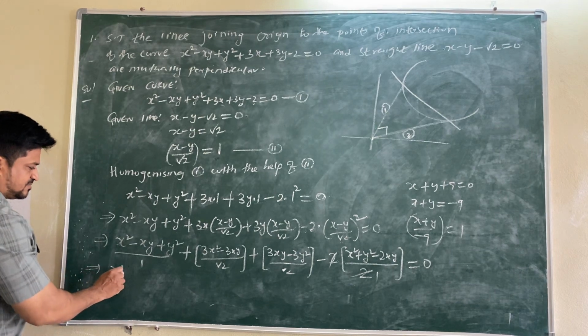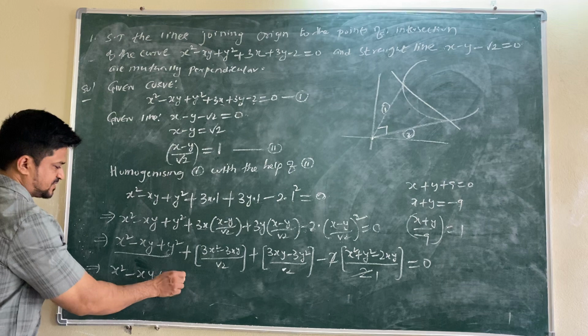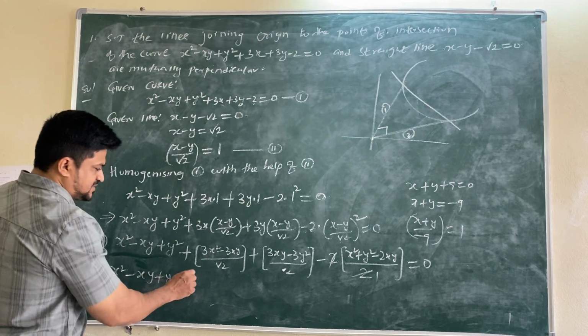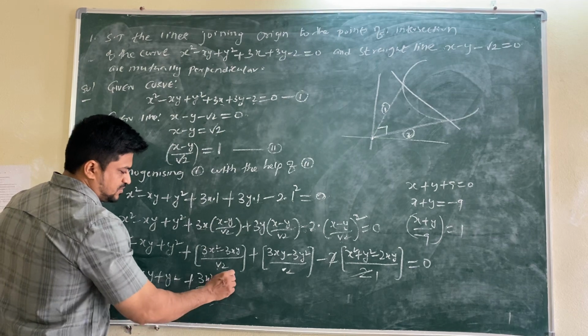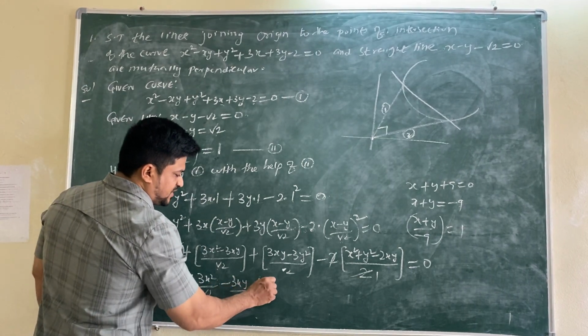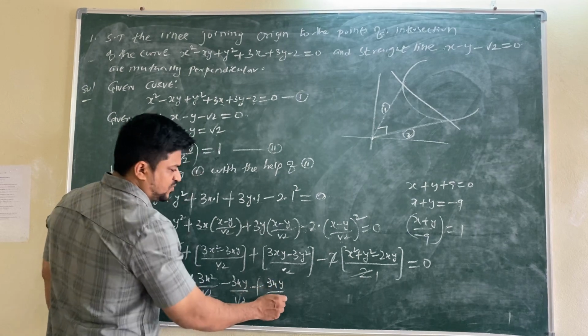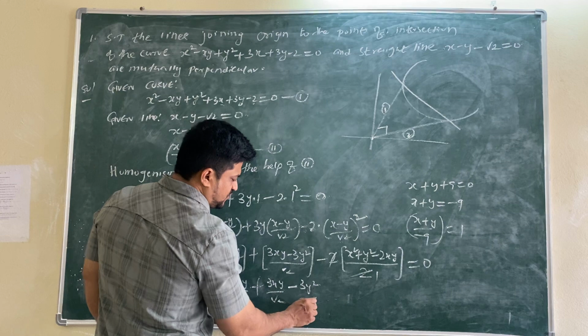x square minus xy plus y square plus this one divided by root 2. 3xy divided by root 2 plus 3xy divided by root 2 minus 3y square divided by root 2.